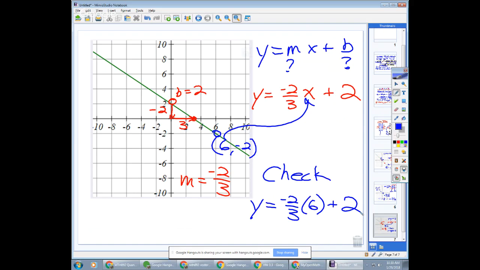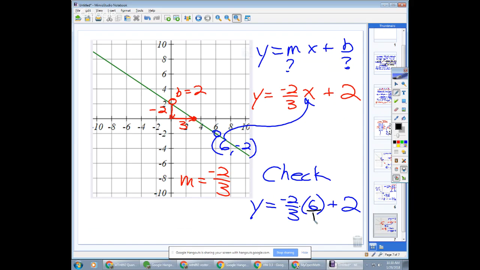Clean that up on paper or on your calculator. So what I'm going to do without a calculator, when I have to multiply fractions, I would make that a 6/1.